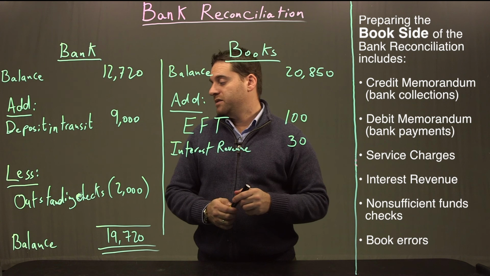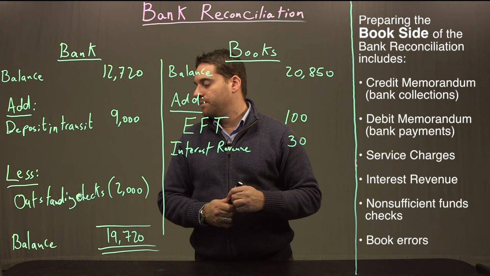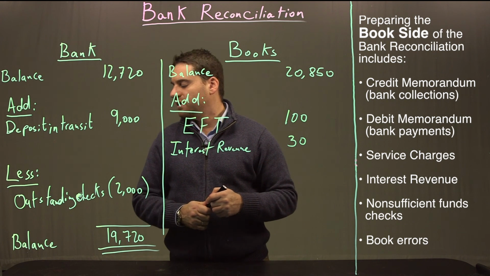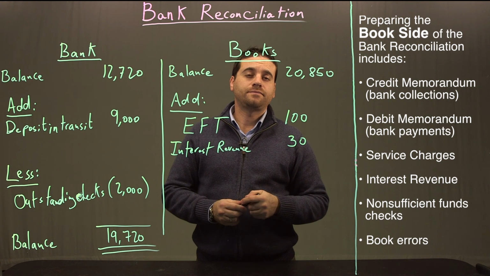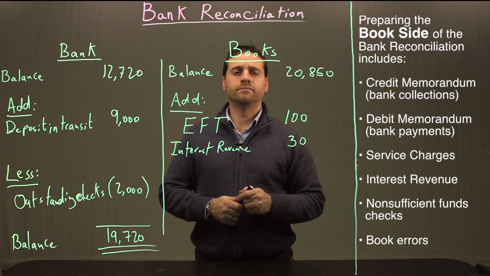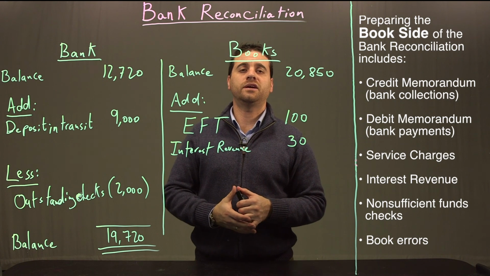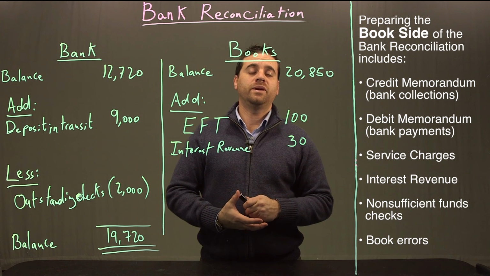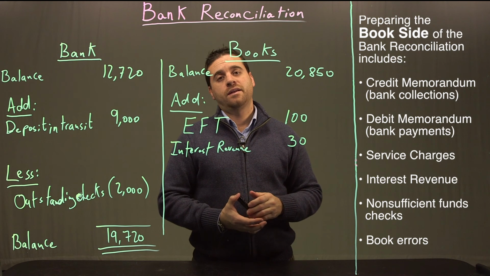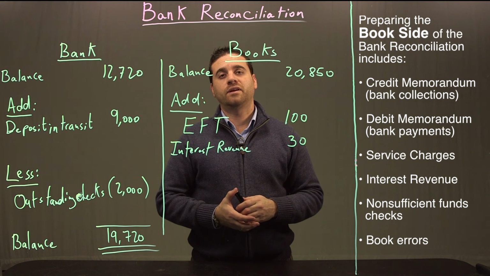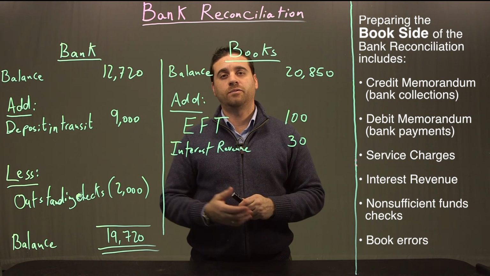So let's say that amount was $1,200 on a check, and we debited cash, and then we sent the check to the bank, and the check was bounced. It means rejected. It means the customer doesn't have enough cash in his bank, and that's why it was rejected.